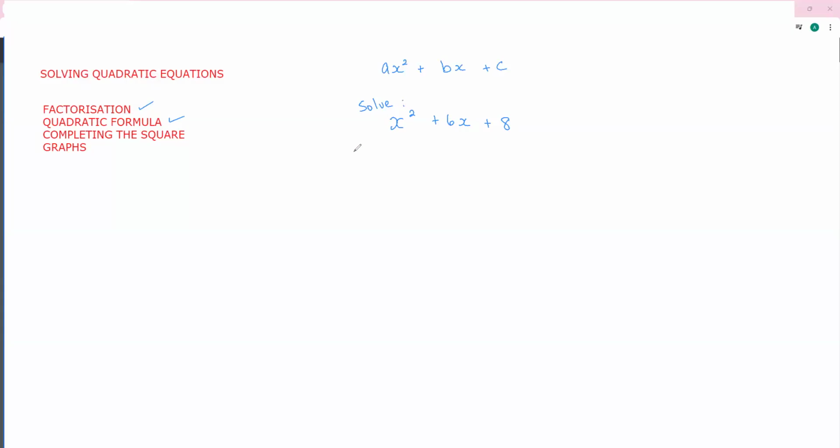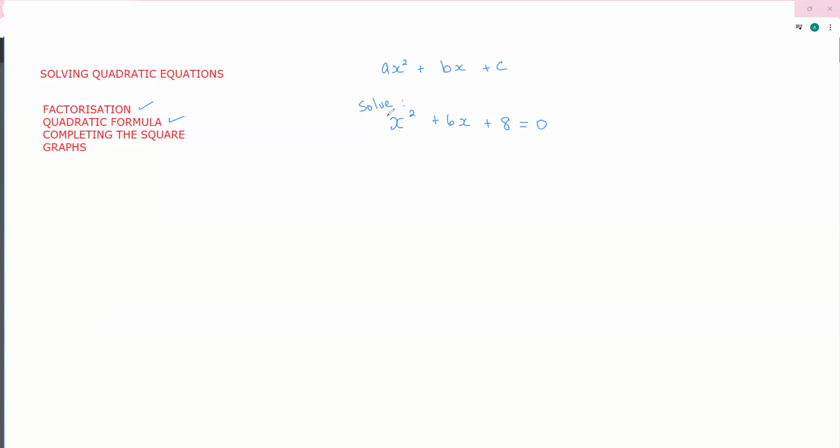So when you're solving a quadratic, you usually see that it's equal to 0. If it's not equal to 0, whatever is the number on this side, you bring it across and simplify it so that the right-hand side will be equal to 0.